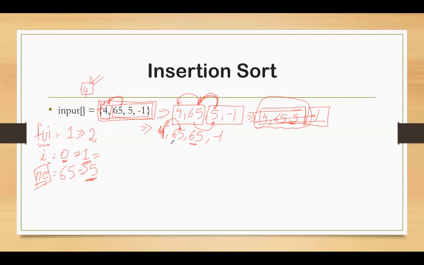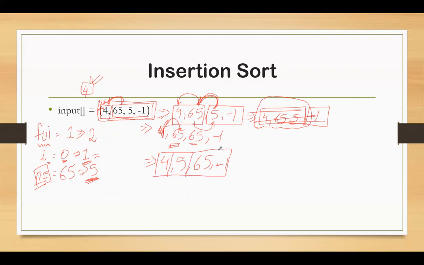So we have got to know that this I is the right index for 5. So we'll assign the new element at I equals 0. The final array will become 4, 5, 65, and minus 1. This is the array that has come after the second iteration.